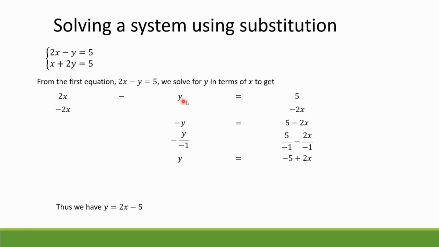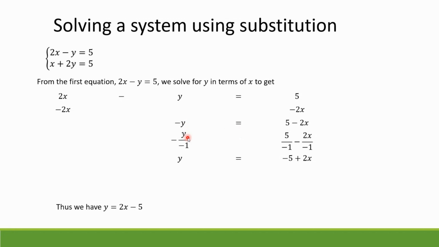So we have 2x minus y is 5. Algebraically, I'm getting y in terms of x. I subtract 2 times x from each side. We have minus y is 5 minus 2x. But we don't want minus y, we really want y.